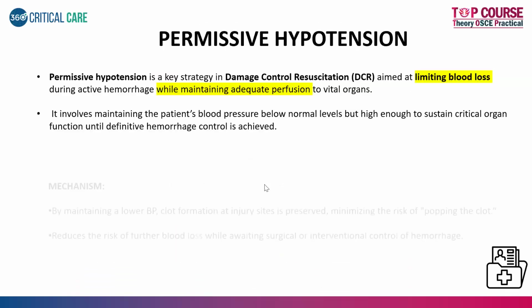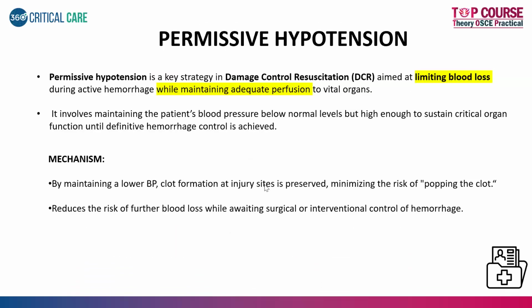Permissive hypotension, as I told you, is something we usually do to maintain perfusion to vital organs. But we have to understand this: the mechanism is that by increasing the blood pressure, we might pop the clot. There is still no widespread evidence for it. What is assumed is that if we increase the blood pressure, the bleeding will also worsen.